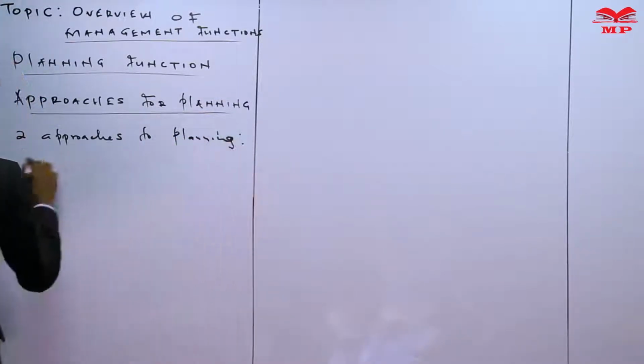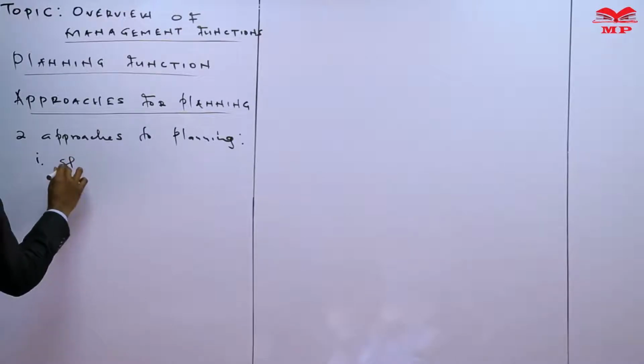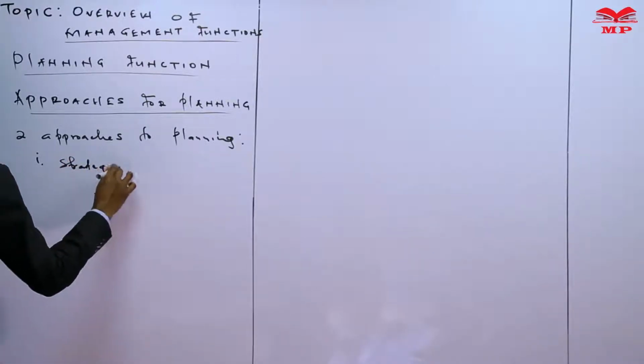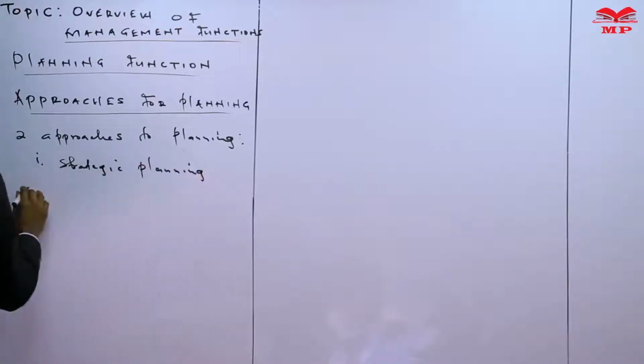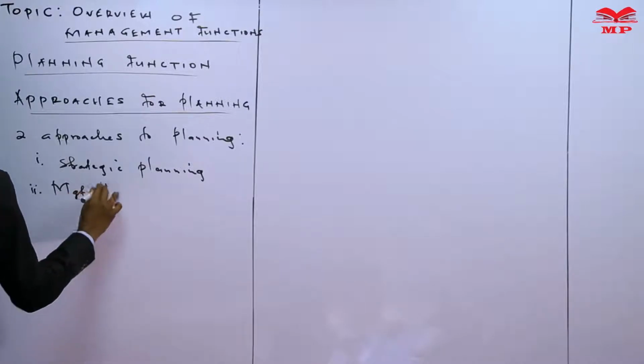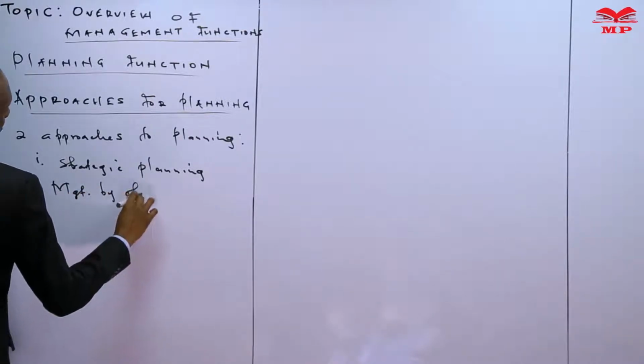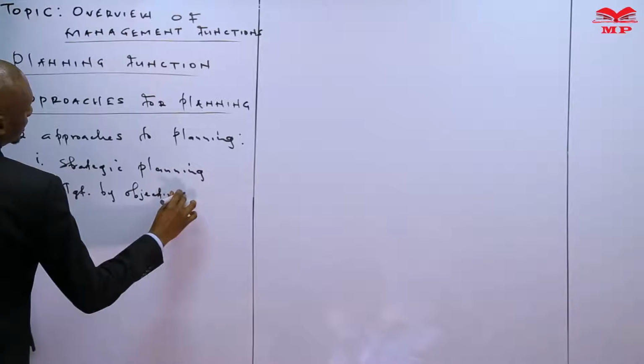And the first one is strategic planning, and the second one is management by objectives, abbreviated as MBO.